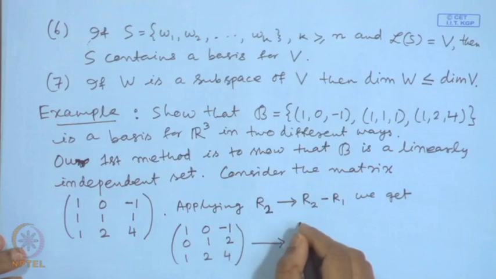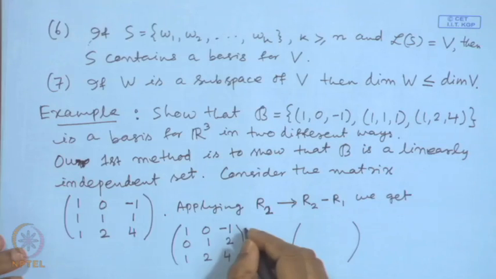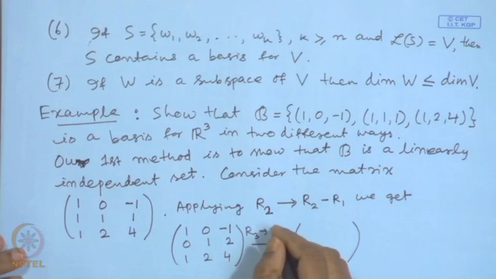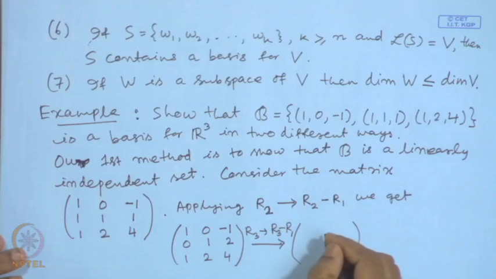Then we make another elementary row operation, replacing R3 by R3 minus R1, and get this matrix, that is 1, 0, minus 1, 0, 1, 2, and here 0, 2, 5.